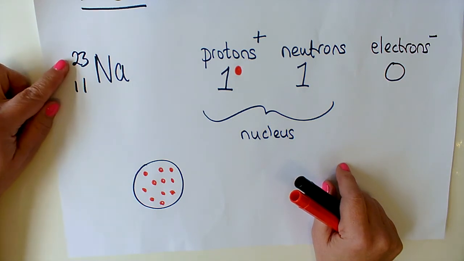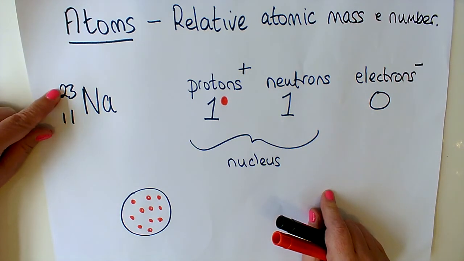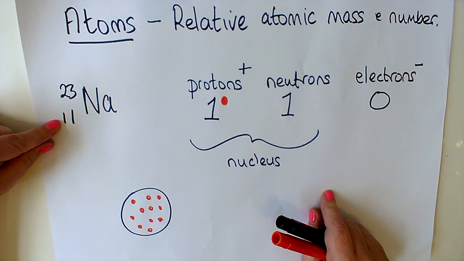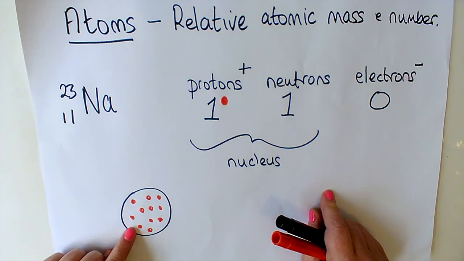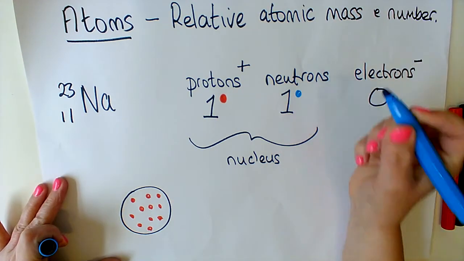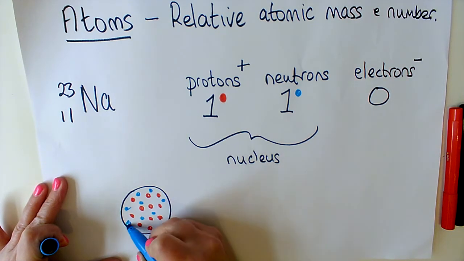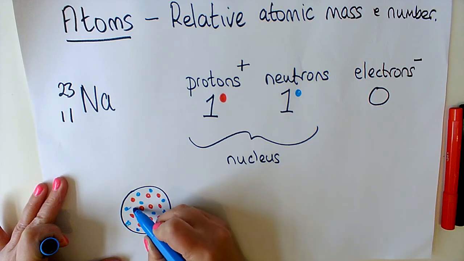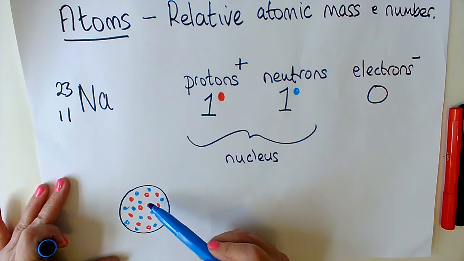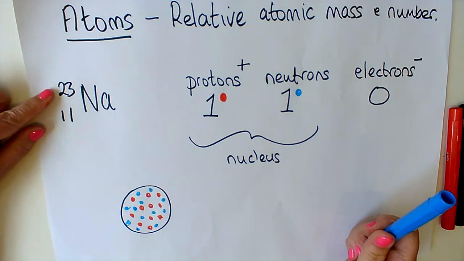The number at the top is the relative atomic mass of sodium. So 23 minus 11 is 12. So my nucleus, in order to have a mass of 23, must have 12 neutrons. I'm going to show my neutrons as blue. 1, 2, 3, 4, 5, 6, 7, 8, 9, 10, 11, 12 neutrons. 12 neutrons and 11 protons give me a relative atomic mass of 23.